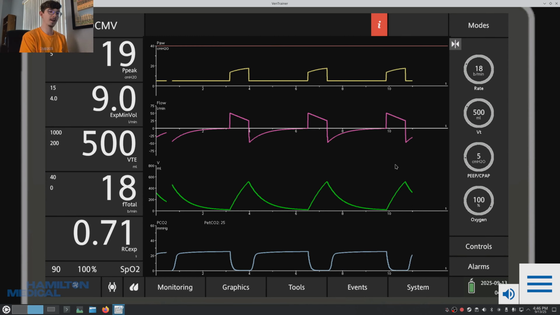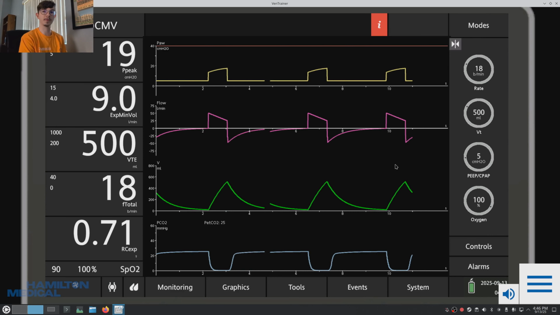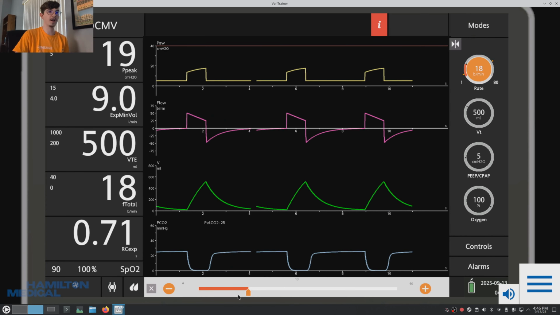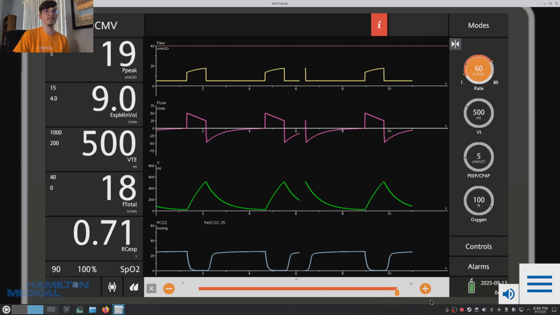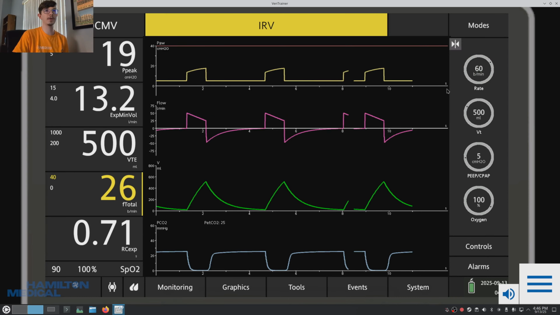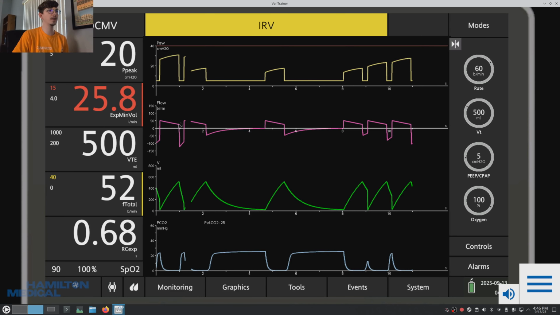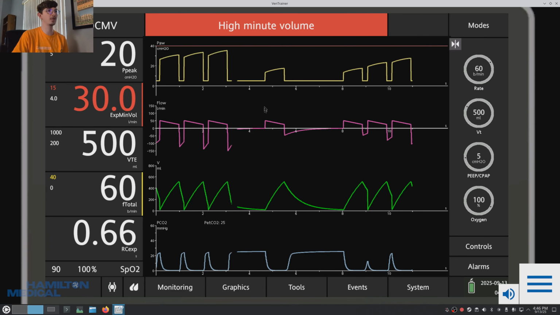what's happening is the vent is essentially triggering or cycling to inspiration by itself without any patient effort. This will be seen as an extremely high respiratory rate. Once again, I can't actually replicate auto trigger, but it's going to look something like this: trigger, trigger, trigger, just over and over again.